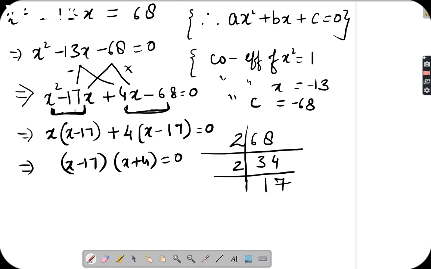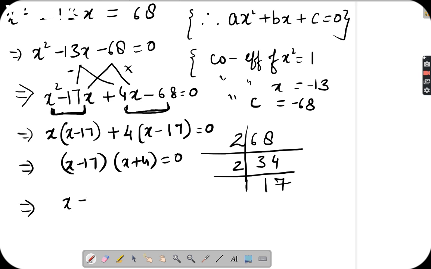If you have made a wrong grouping of factors, you will not get the two brackets same. You might get different values, although they will satisfy the relation, but they will not be the same. So make sure both these groups are the same.